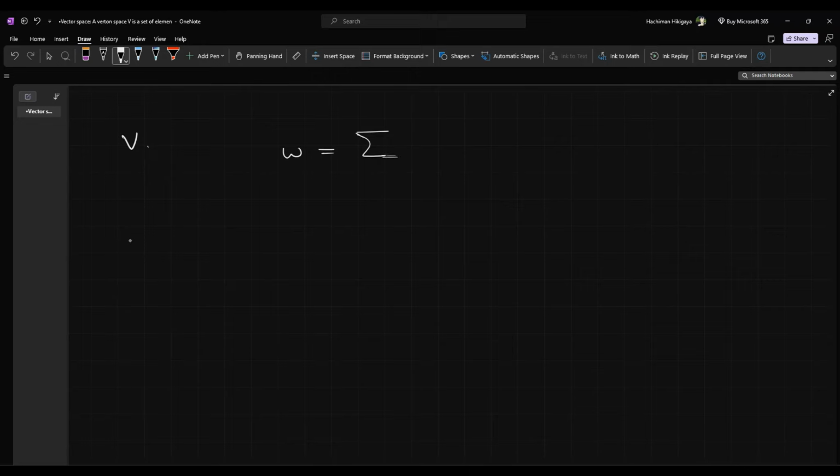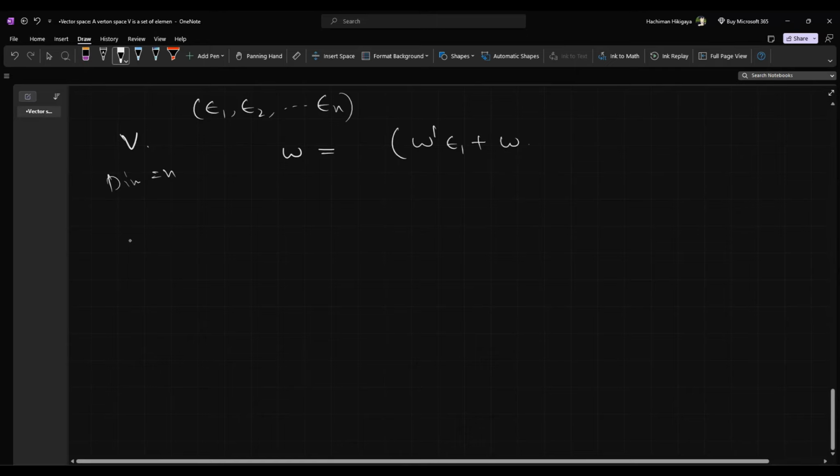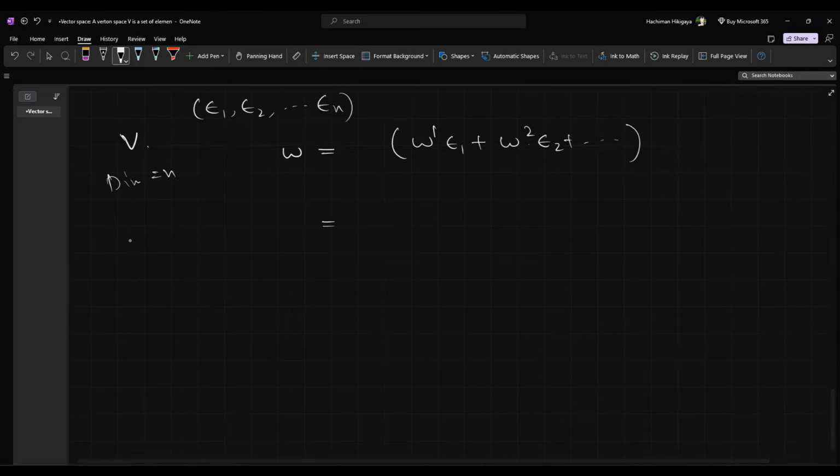If we choose our basis to be epsilon 1, epsilon 2, dot dot dot epsilon n, and our dimension is n, then we can write W as some linear combination of W1 epsilon 1, W2 epsilon 2, dot dot dot. The reason I'm using the upper index, I'll come to that later.